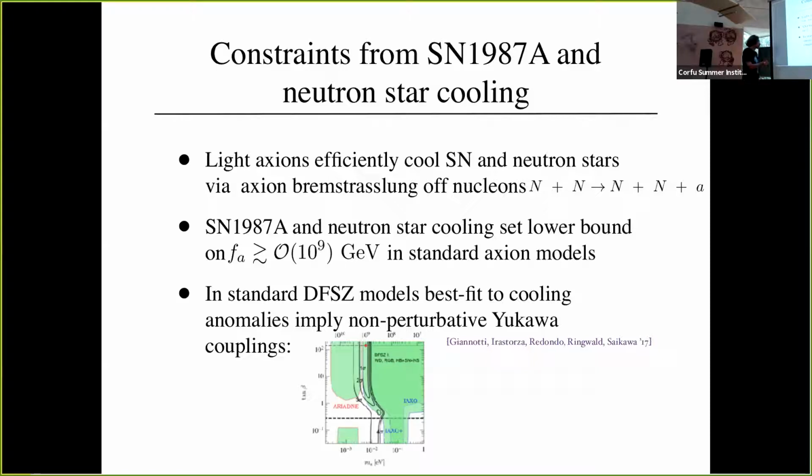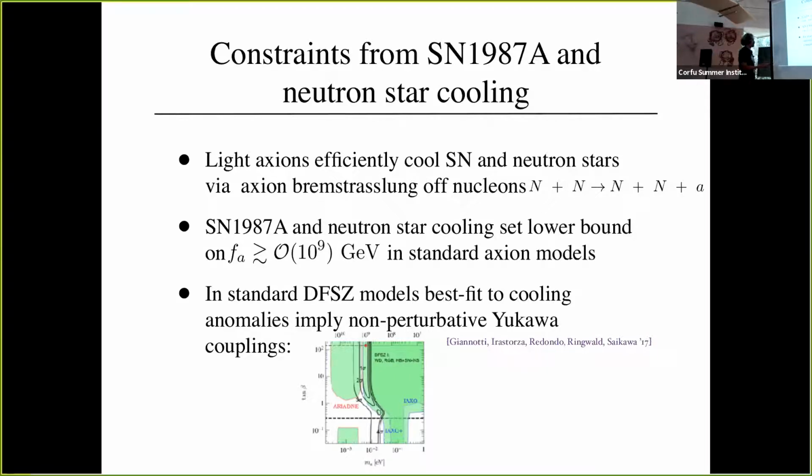The vertical axis is tan beta. The horizontal is the mass, or equivalently Fa. So the Fa that gives the best fit is roughly 10^9. But what maybe is not that visible, tan beta here is above 100. And in fact, it would be even higher if they wouldn't introduce a perturbativity constraint.